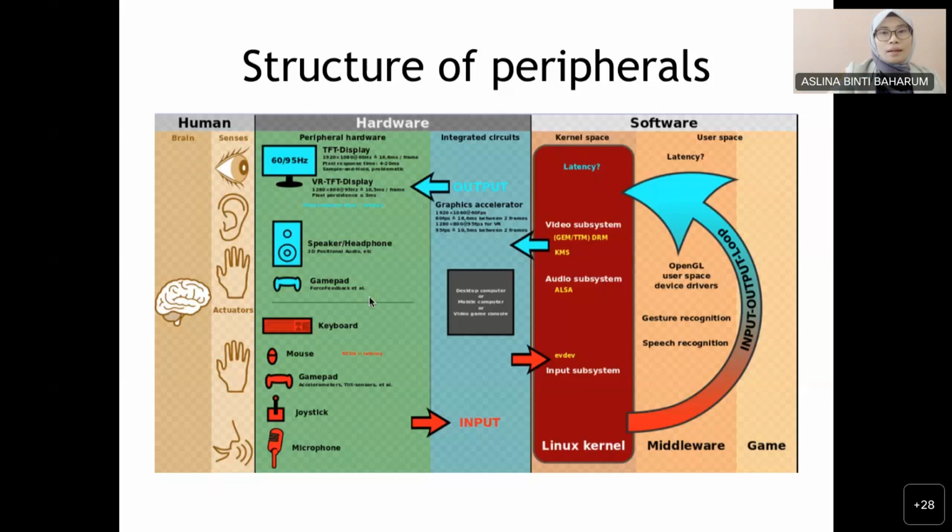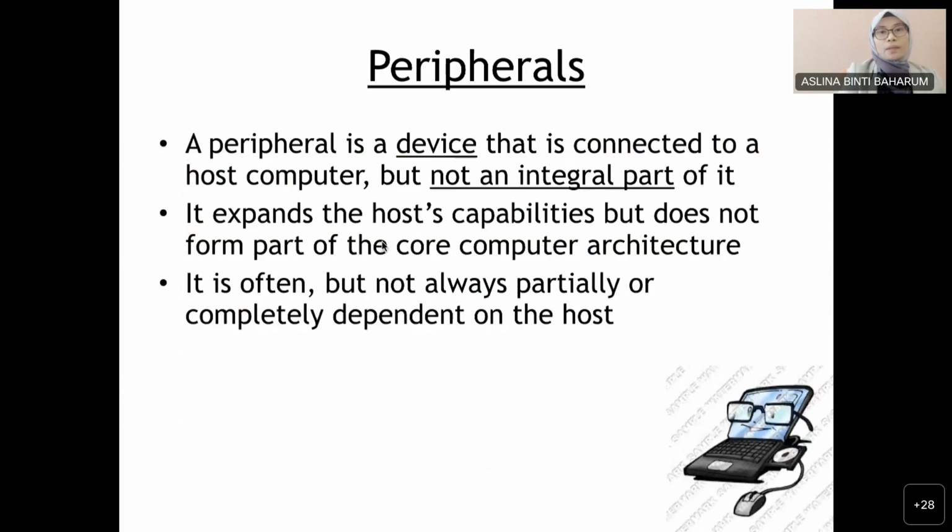The hardware gives a signal to the software. We use this hardware or peripheral to give an input, and then the system at the back end responds based on our input and gives back the output in the form of hardware as well, which is display.